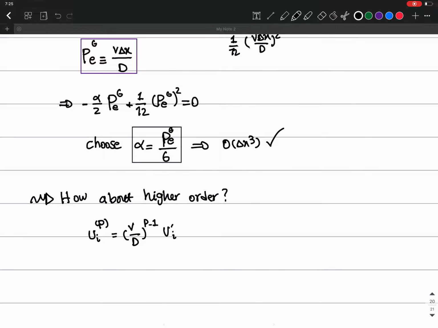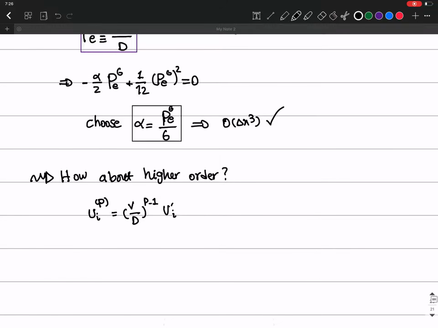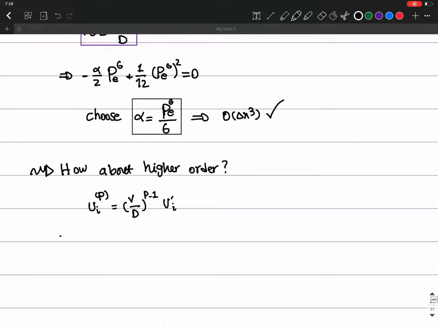Now, based on this, I'm going to write the whole Taylor truncation error that we have. I will represent it based on u prime i, based on this formula.